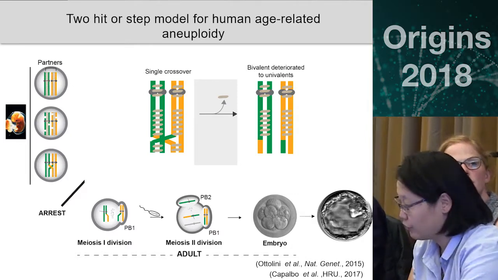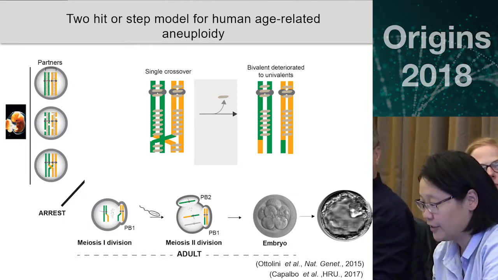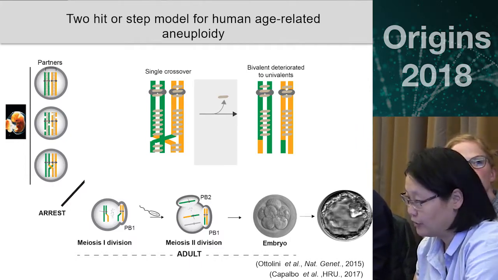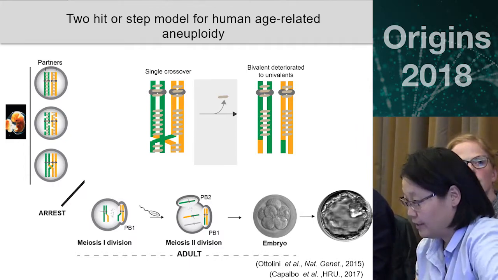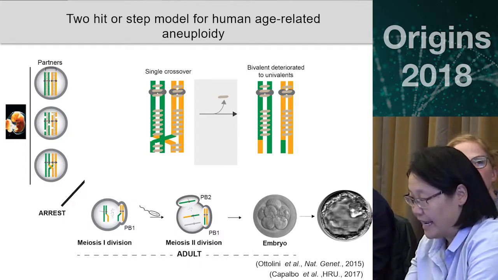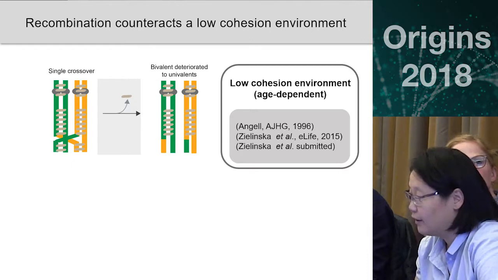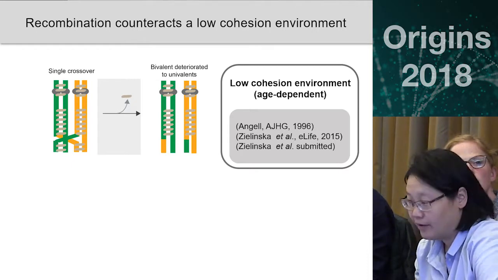And with respect to the cell machinery that needs to then separate and segregate the chromosomes, you can see here you end up where you just started. And we know there's a maternal age effect on seeing univalents and a low cohesion environment in general in humans.